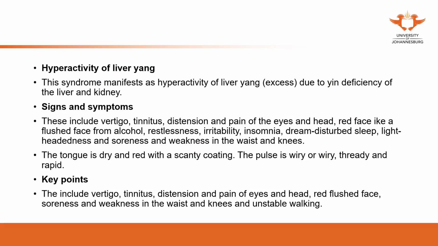The manifestations here: the patient can present with vertigo, tinnitus, distension of the eyes and head, because the meridian travels there. Insomnia with disturbed sleep, affecting the heart. Hyperactive yang, although it is a deficiency condition, is also heat.